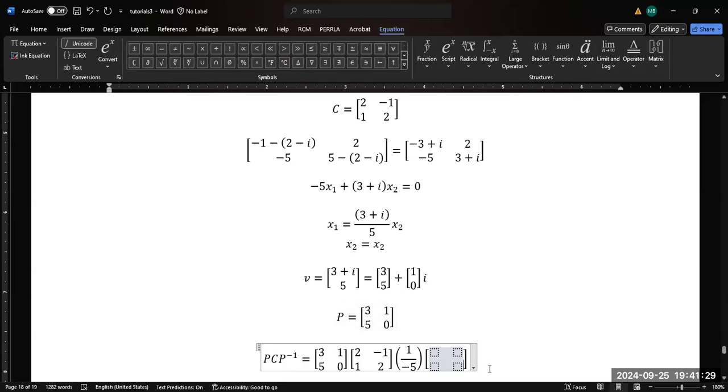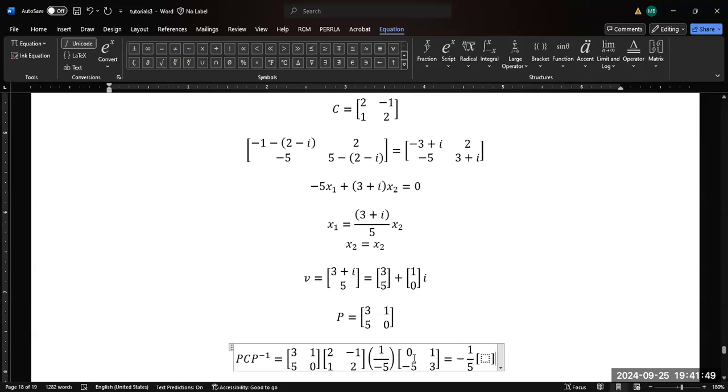We're going to flip the order, so 0 and 3, and then flip the sign, -5 and 1, and then let's see what happens. I'm going to move the -1/5 out front. We'll deal with it later.